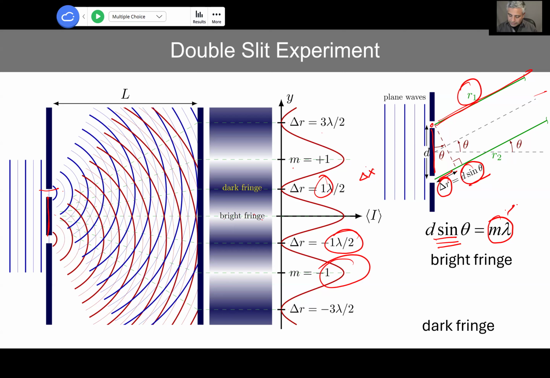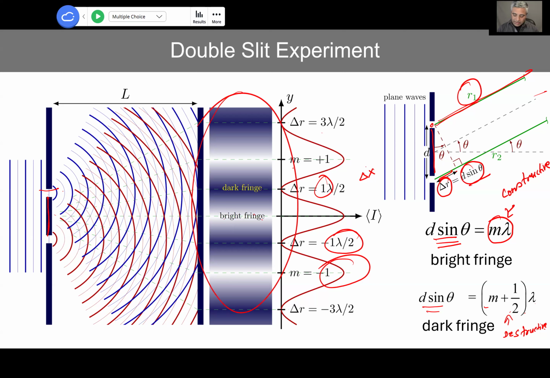Constructive means bright. And for the dark, d sine theta, this path difference, has to be m plus half times lambda. This is destructive interference, or a dark fringe. So that's how we can analyze them.